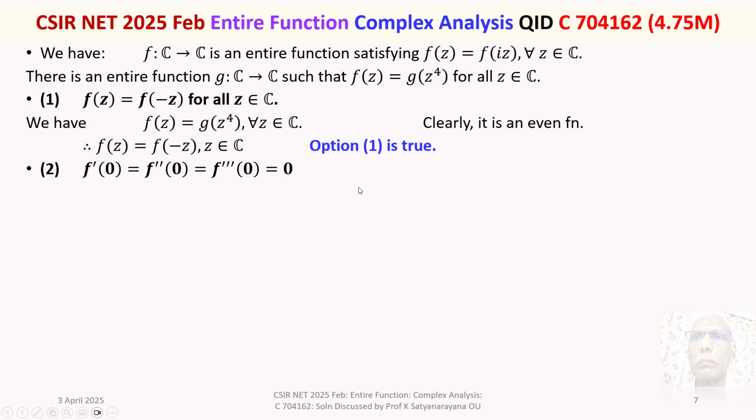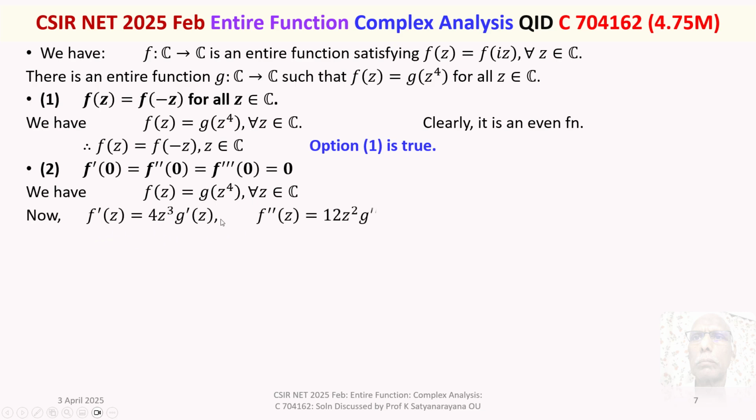Yes, it's easy. You take f of z, differentiate once, twice, thrice. So f of z is equal to g of z to the power of 4, and differentiating once, you will get 4z cube g prime z. Differentiating twice, 12z square g double prime z, because 4z cube, its derivative is 12z square.